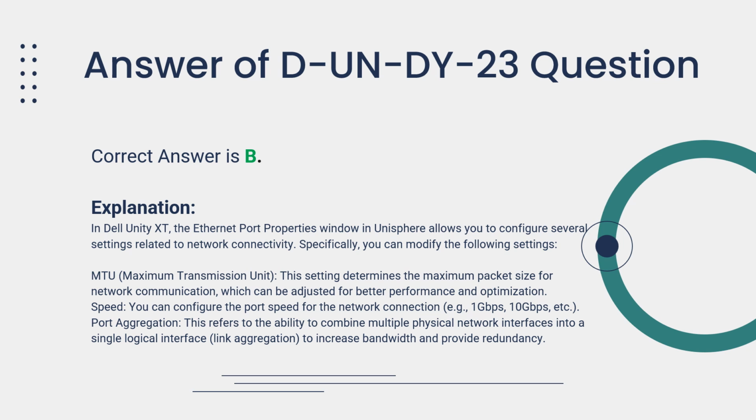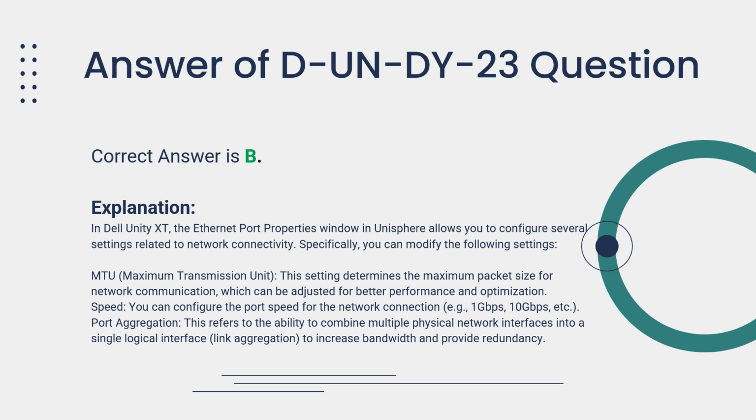Explanation. In Dell Unity XT, the Ethernet port properties window in UnityVSA allows you to configure several settings related to network connectivity. Specifically, you can modify the following settings. MTU, Maximum Transmission Unit: this setting determines the maximum packet size for network communication, which can be adjusted for better performance and optimization.